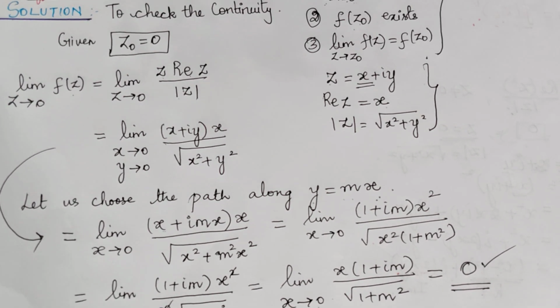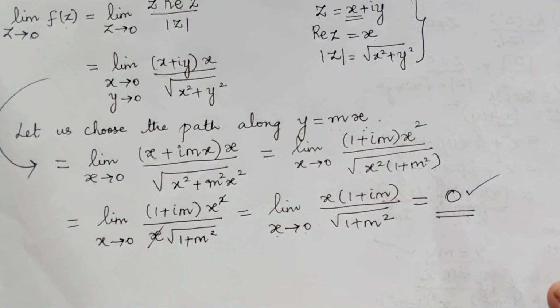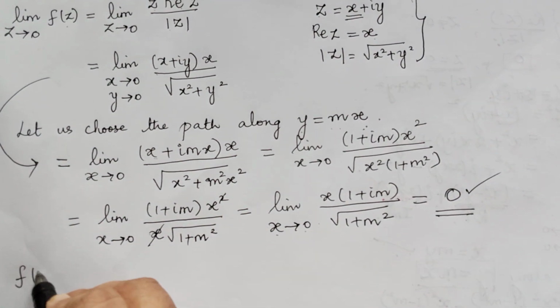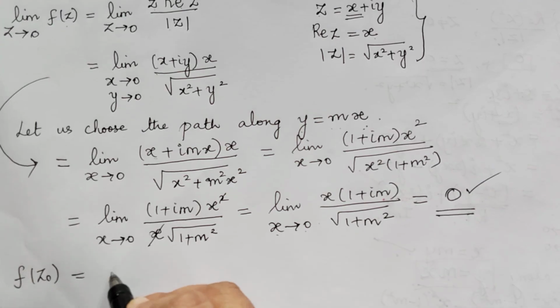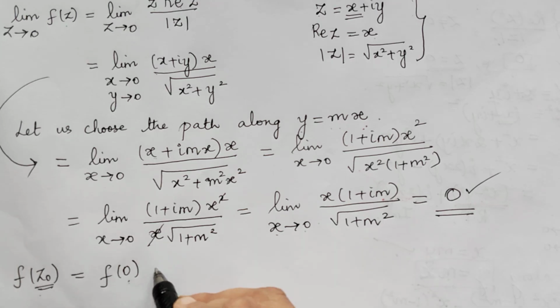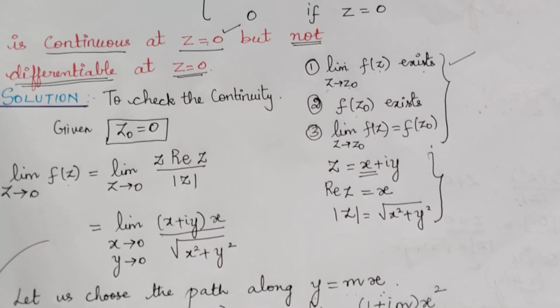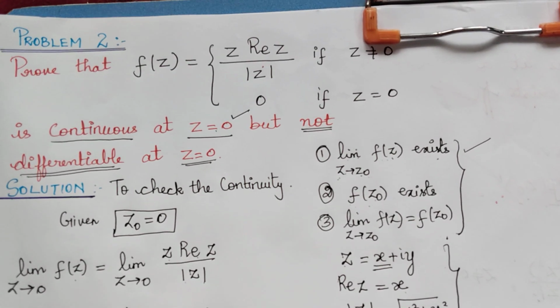The second condition is to check whether f of z naught exists. So what is f of z naught? F of z naught is equal to f of 0, because we know that the value of z naught is 0 in the given question. So what is f of 0? That is, what is the value of the function when z takes the value 0?